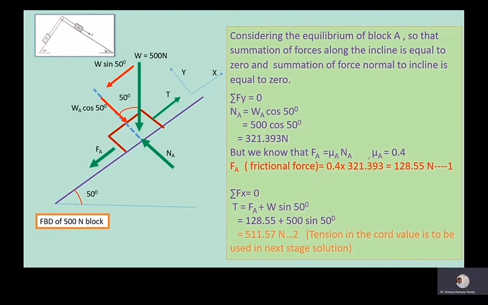Now we'll move to the FBD of the second block. This is the second block, block B. Here, what are the forces we'll get? Applied force P and tension in the cord, weight of the block and normal reaction.